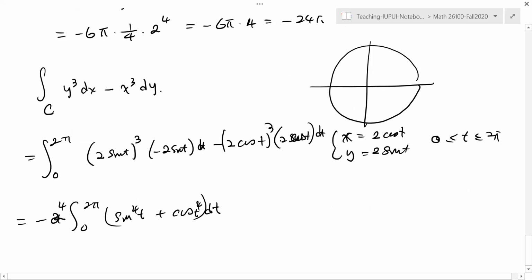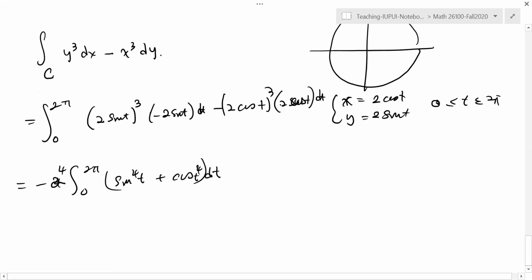I'm not able to simplify sine to the 4th power plus cosine to the 4th power, so you have to find a way to evaluate this integral. And I think it's possible. Actually, those two integrals have the same value: the integral from 0 to 2 pi of sine to the 4th power is the same as the integral of cosine to the 4th power.